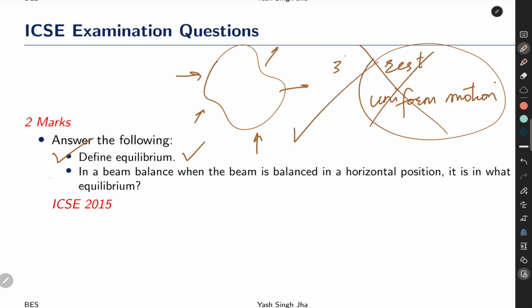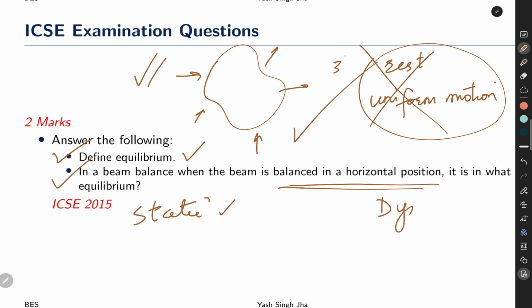In a beam balance, when the beam is balanced in horizontal position, it is in what equilibrium? There are two kinds of equilibrium. Static, when forces are applied yet the state of rest is not changed. Second is dynamic, when a lot of forces are acting yet the body remains in a state of uniform motion.